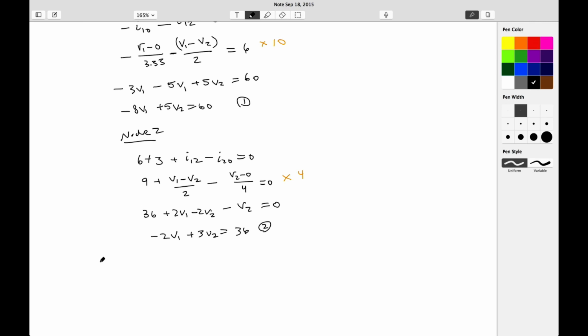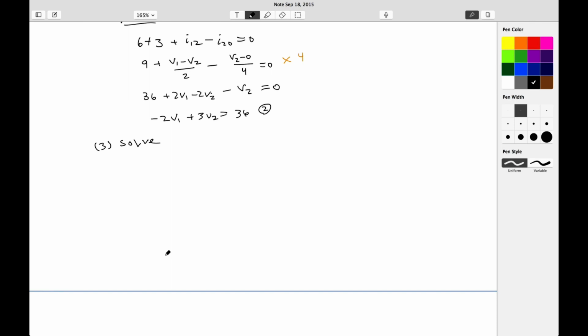Now I'm at step 3, which is to solve. It really doesn't matter which equation I use. In this case, let's solve 2 for V1.